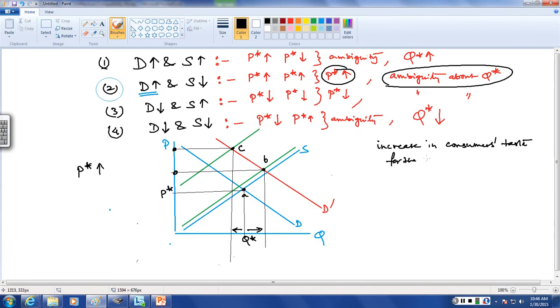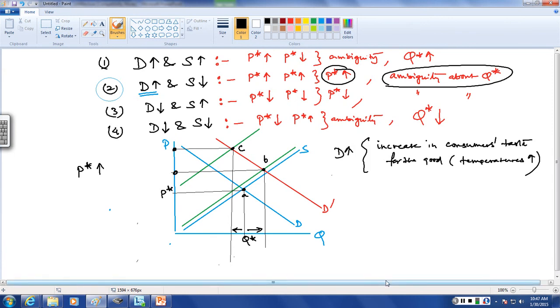And this is something that, if the good were bottled water, this could be caused by the temperatures rising. You follow me? When temperatures rise, your taste for water rises, in a sense, doesn't it? You begin liking water more than before because you're more thirsty. So this could cause the rise in demand.